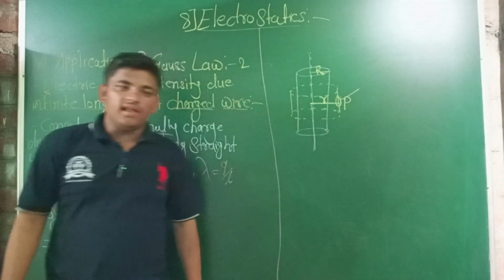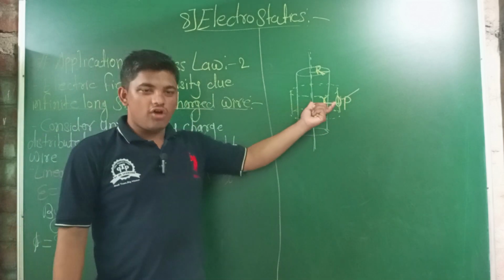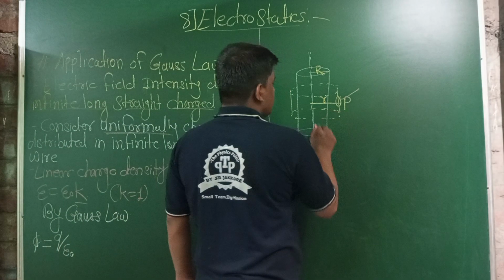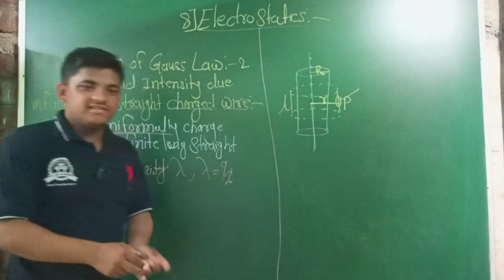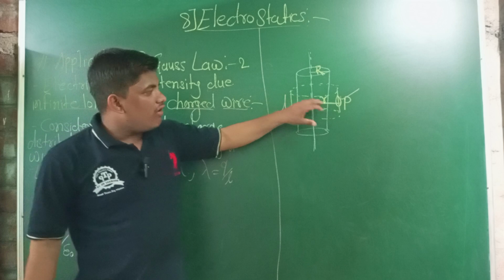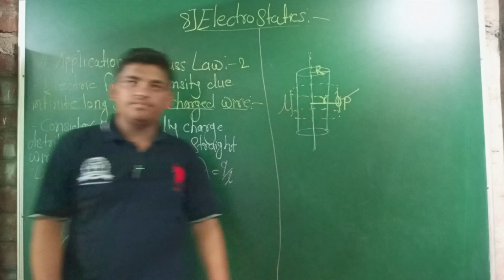We want to find the electric field intensity at the point P, which has the radius small r and the coaxial length L of that wire.